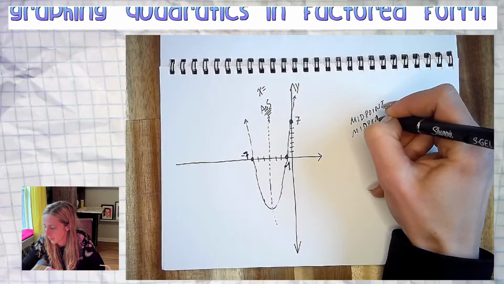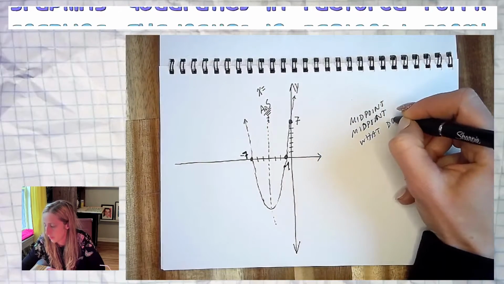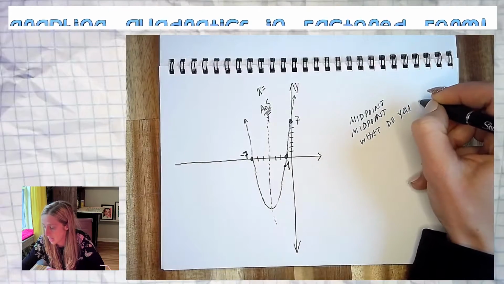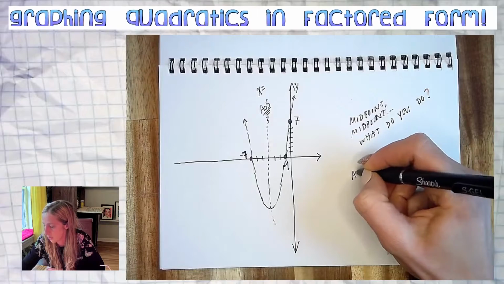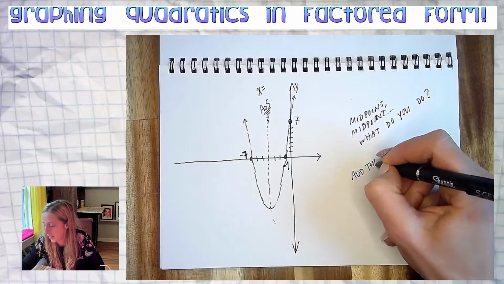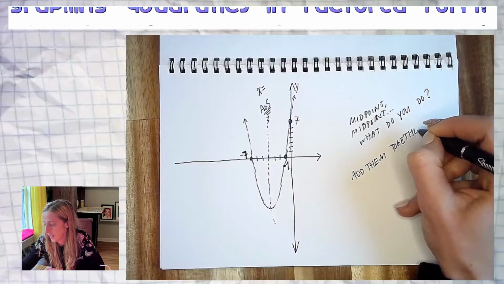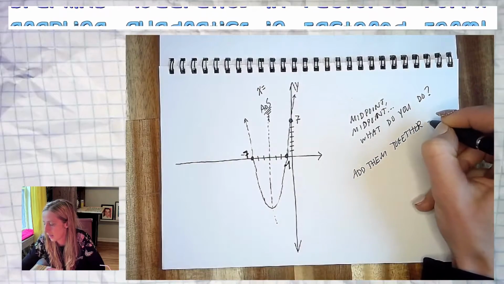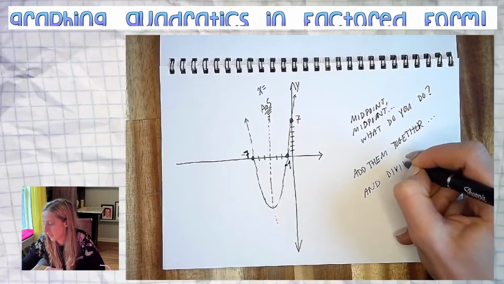It's the middle of the 2 points of the parabola on the x-axis. You're right. So midpoint, midpoint. What do you do? Add them together and divide by 2. Yeah, that's our little rhyme of the day.